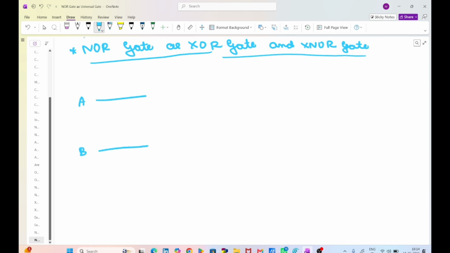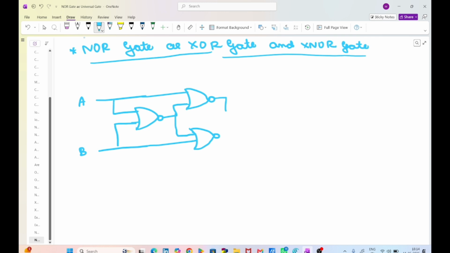Let this one be A and this one be B. Give them to a NOR gate here, and then here another NOR gate. Give this output to this, and here also one NOR gate. Then give these to the NOR gate here.